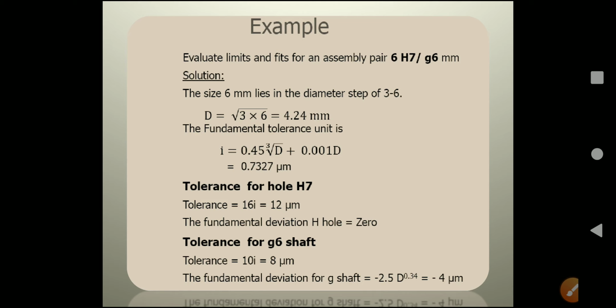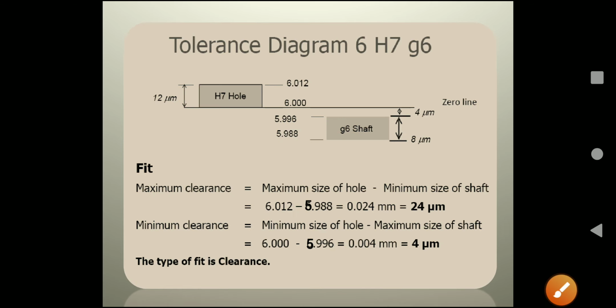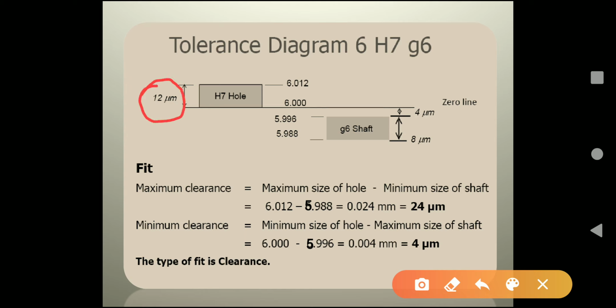Let us see how exactly it is represented in the conventional presentation. Here you can see that 12 micron is the total tolerance zone given for the hole type H7.